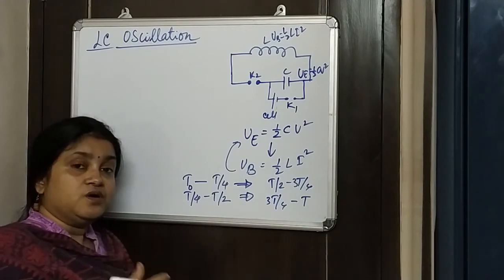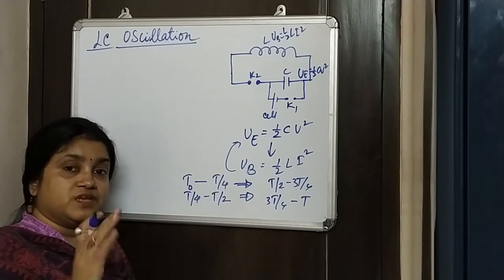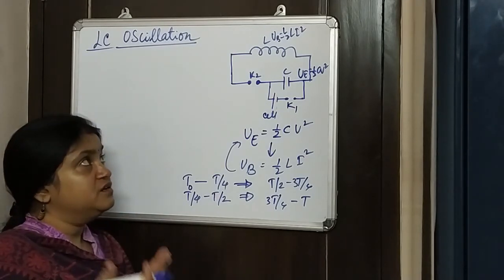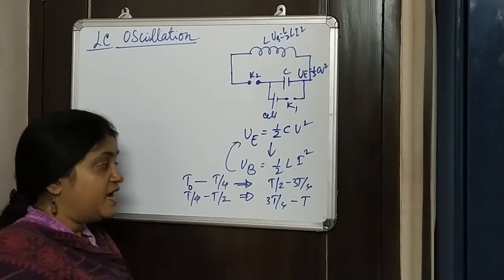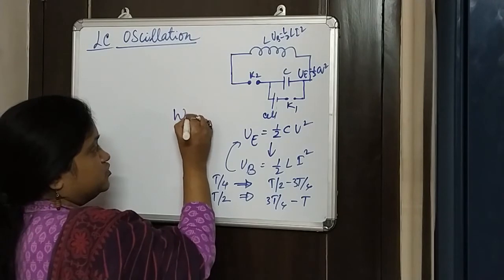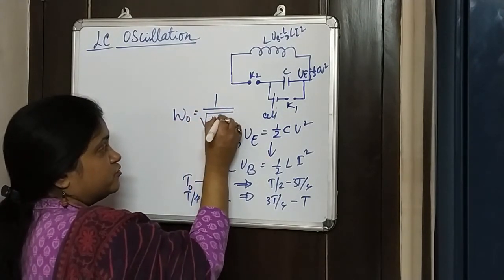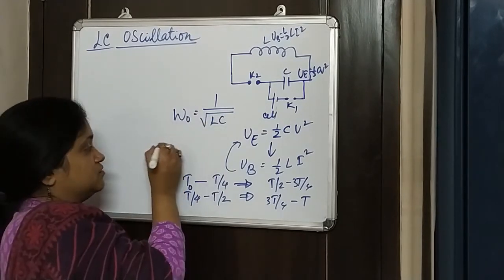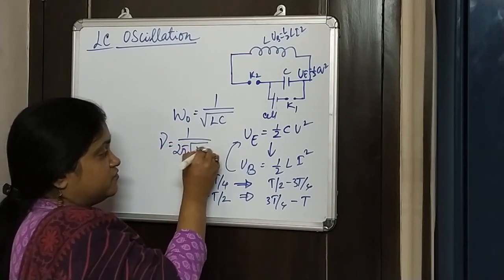So that is how this oscillation, the shift of energy between the electric field and magnetic field, between the inductor and the capacitor, goes on, right? And this oscillation would generally happen at a frequency omega naught equal to root of 1 by LC, or the frequency is 1 by 2 pi root of LC.